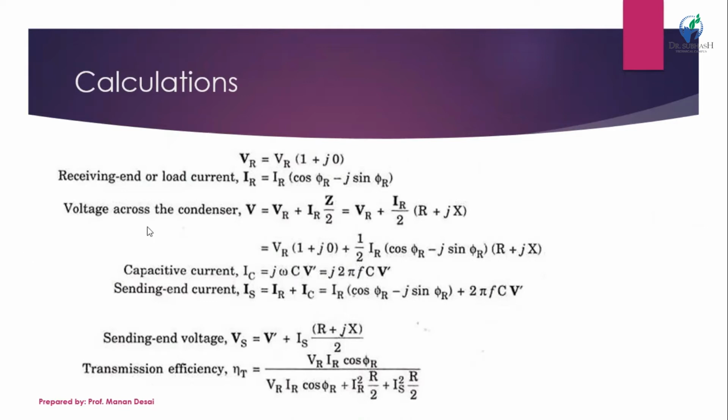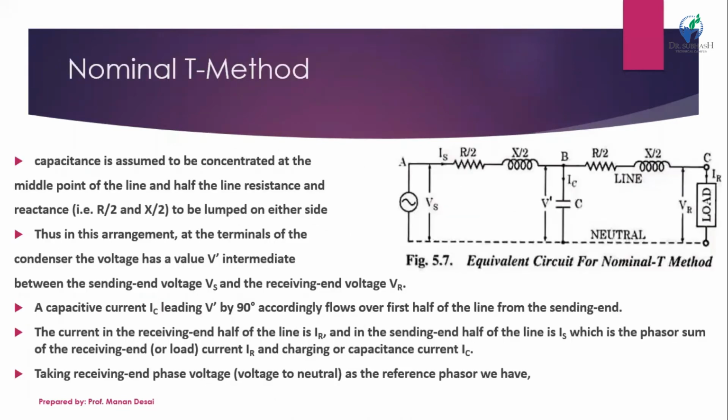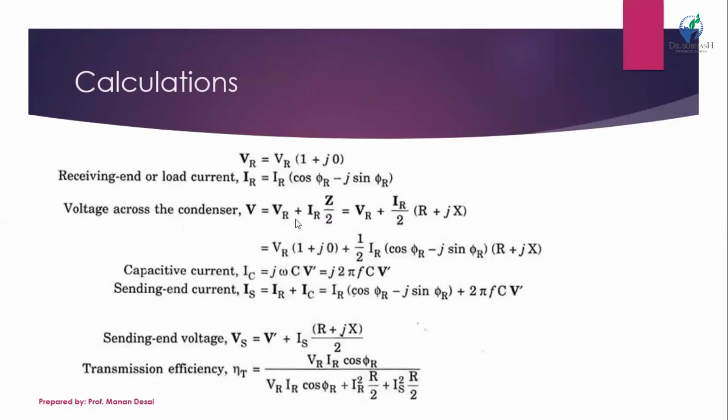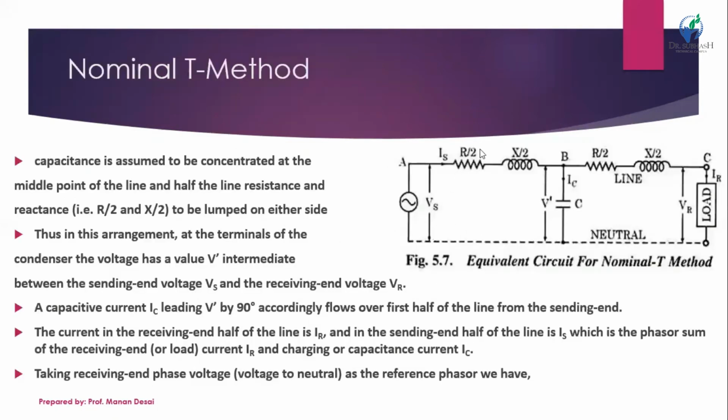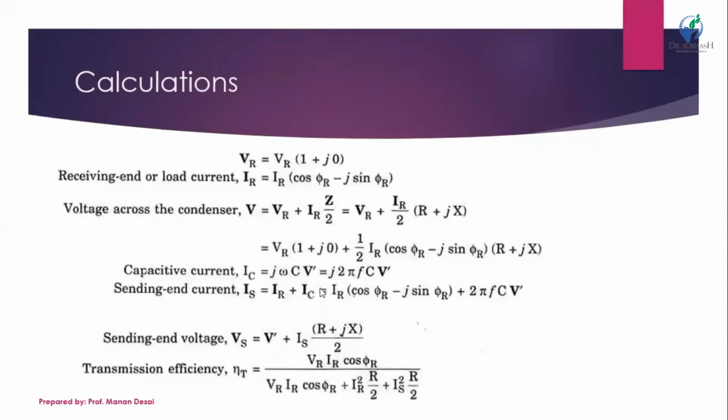So the voltage across the condenser V is equal to VR plus IR Z by 2, which is VR plus IR times (R plus jX) by 2. So VR is equal to 1 plus j0, plus 1 upon 2 IR (cos phi R minus j sin phi R), and Z is equal to R plus jX.